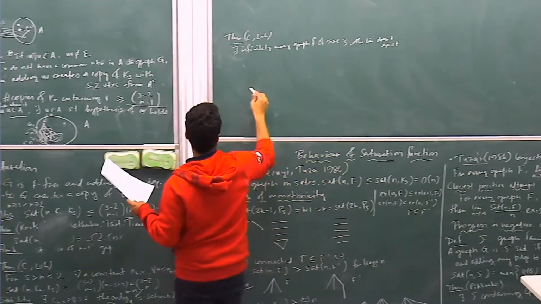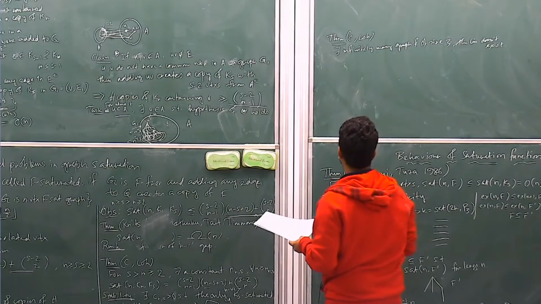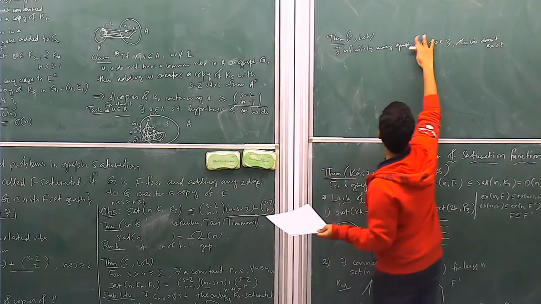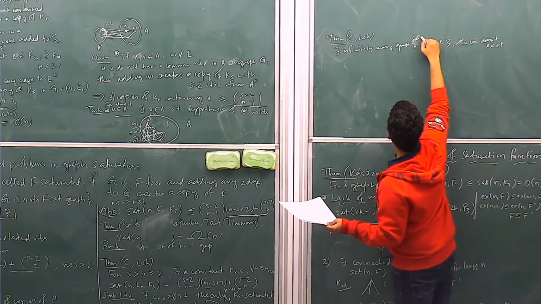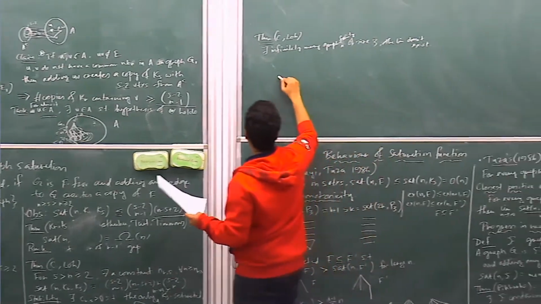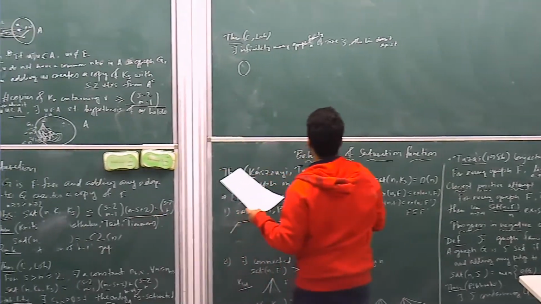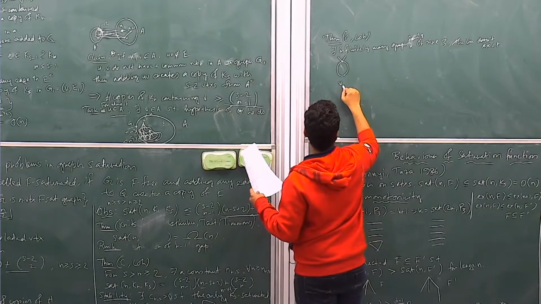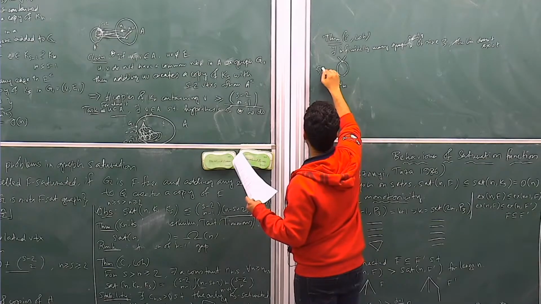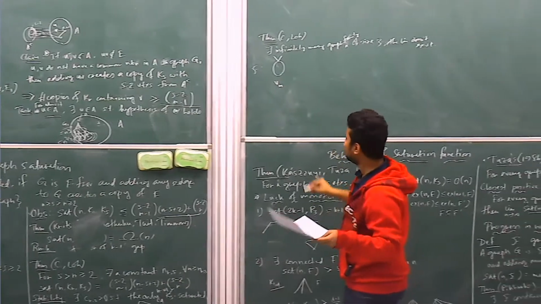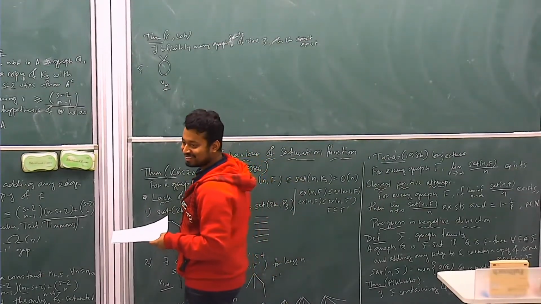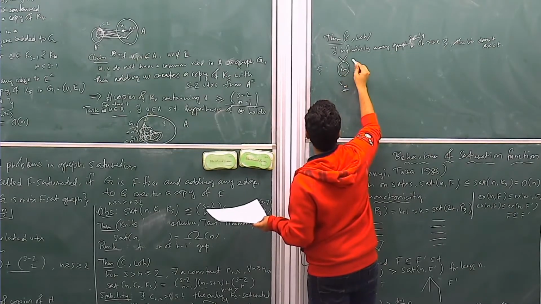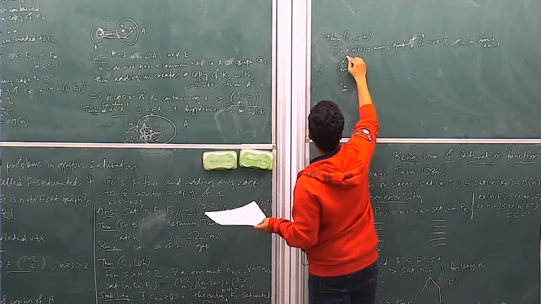Okay. I will explicitly draw the graphs, so you don't have to imagine them. So consider this graph, V_m. You can pick m to be anything, and that gives infinitely many. So you have this K_m, and from one of the vertices have 2 neighbors outside.